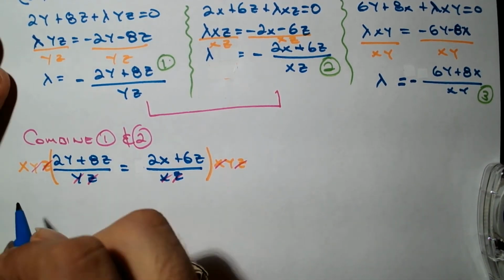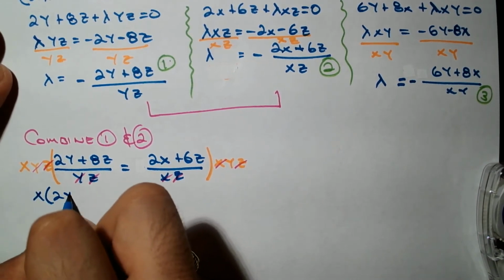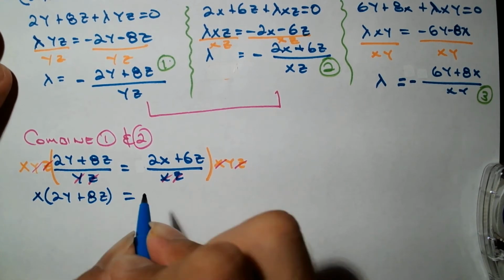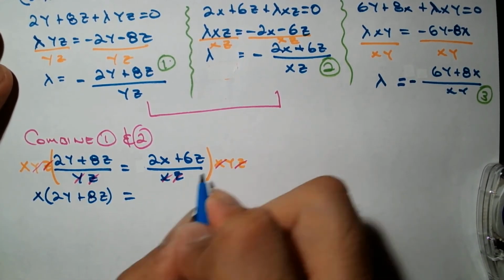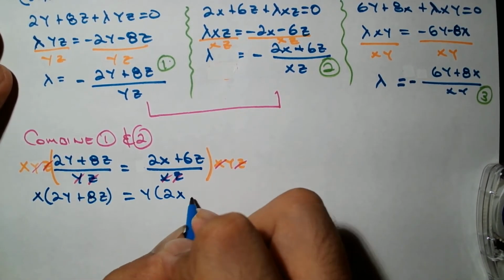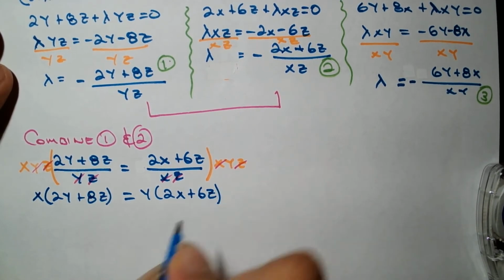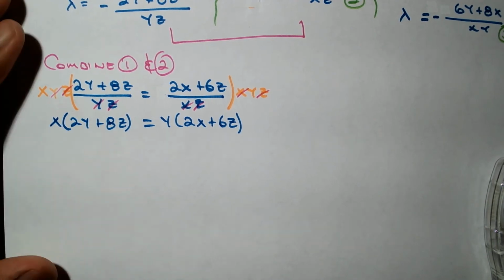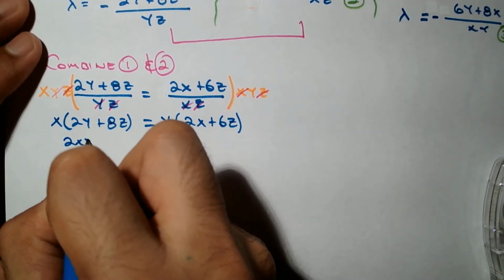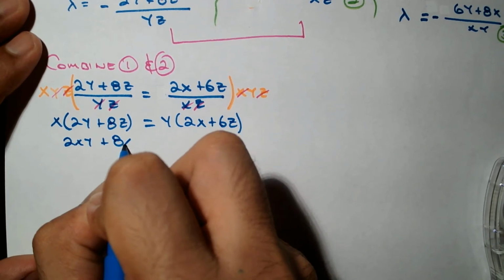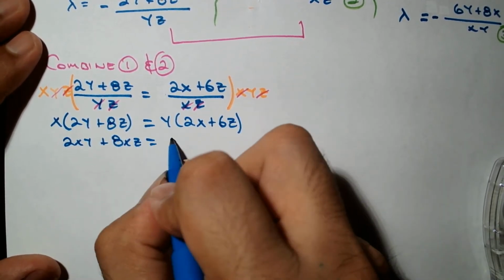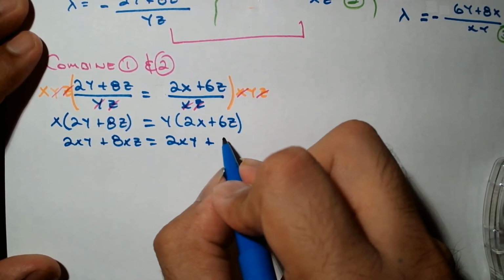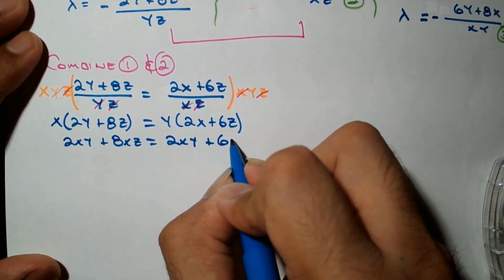So I'm going to get x times 2y plus 8z equals y times 2x plus 6z. Now that we got rid of those denominators, I'm going to distribute to have 2xy plus 8xz equals 2xy plus 6yz.